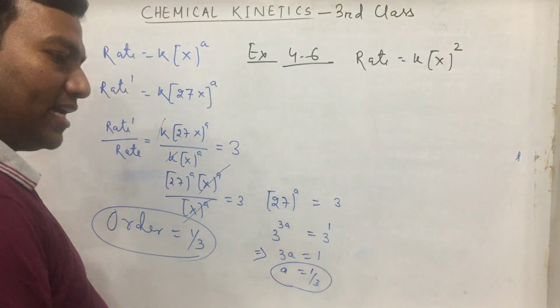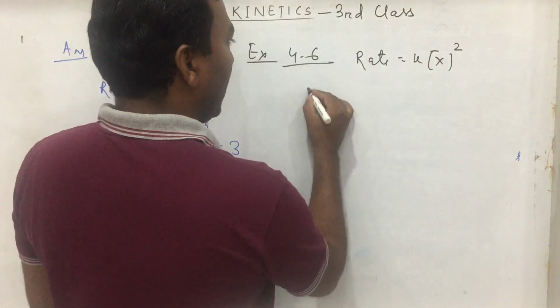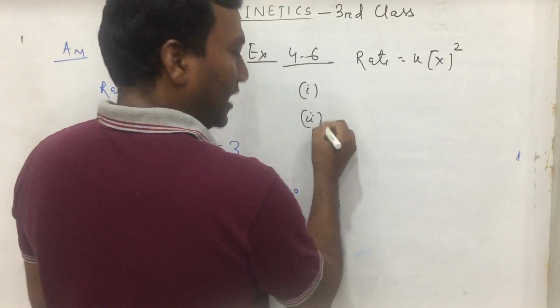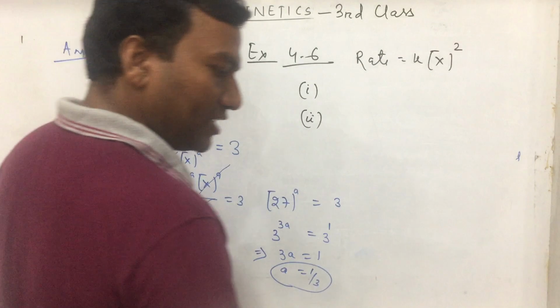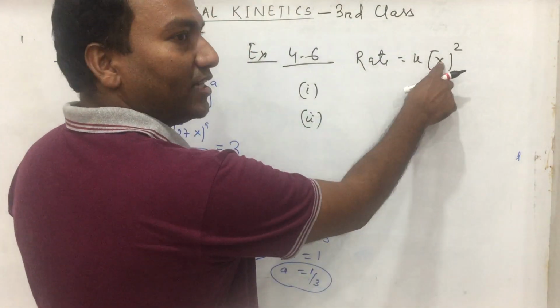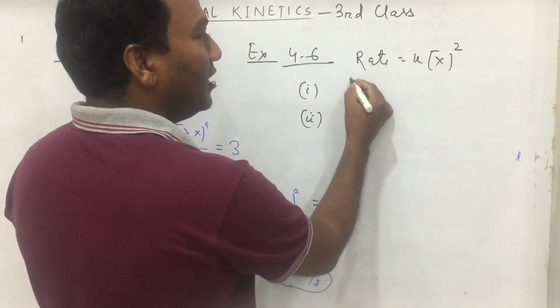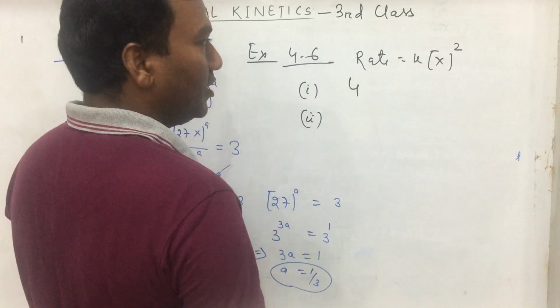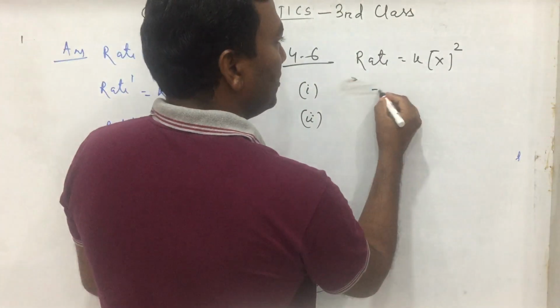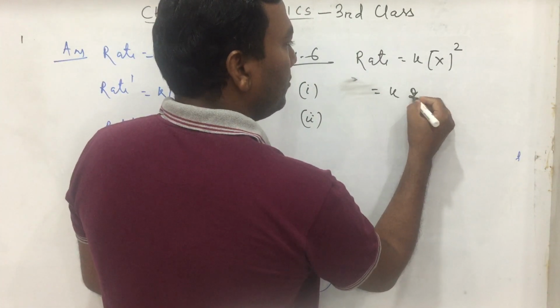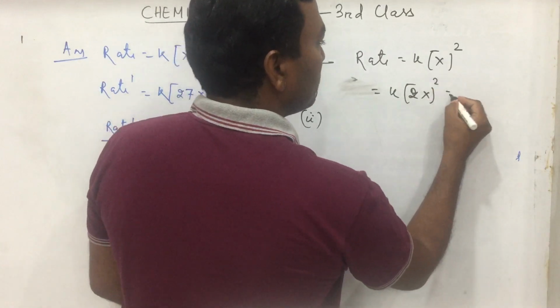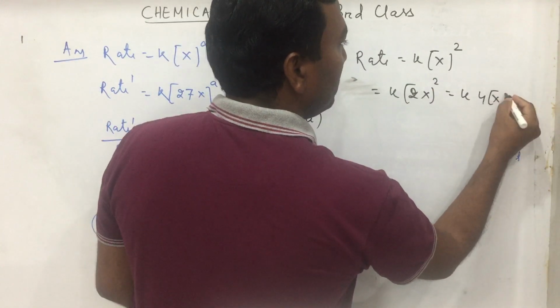How is the rate of the reaction affected when the concentration is doubled? When the concentration is doubled, the rate becomes how many times? 4 times, because we can write k into 2x whole square, so k into 4 into x square.